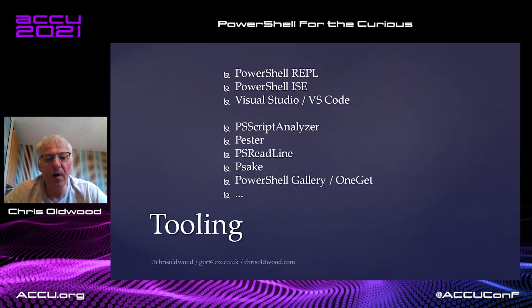psake, a make tool. So in the vein of make and rake and fake and cake and the others, it comes as an assembly with a little bit of PowerShell that sits on top, but it allows you to write tasks in PowerShell, somewhat similar to what you might use with, say, Gulp.